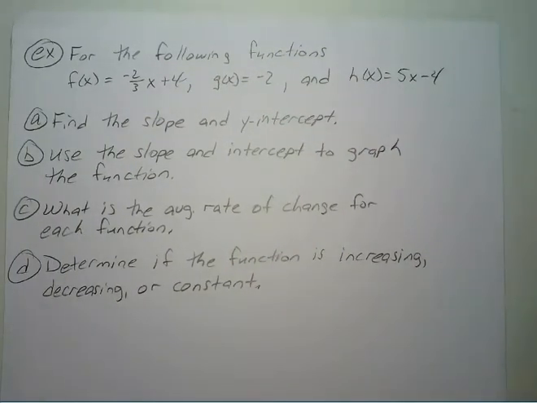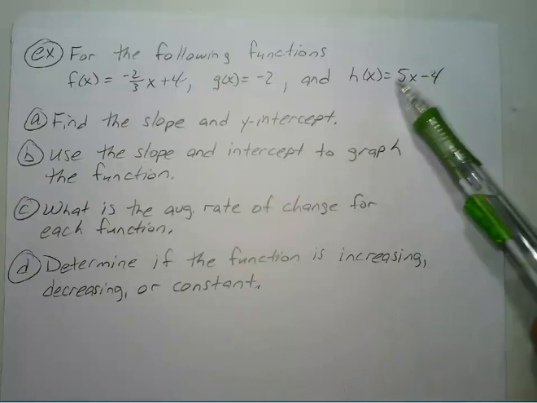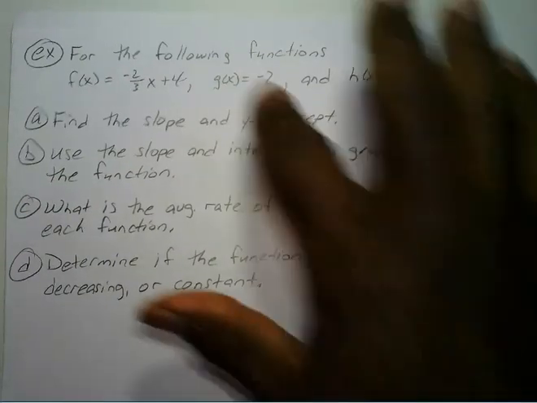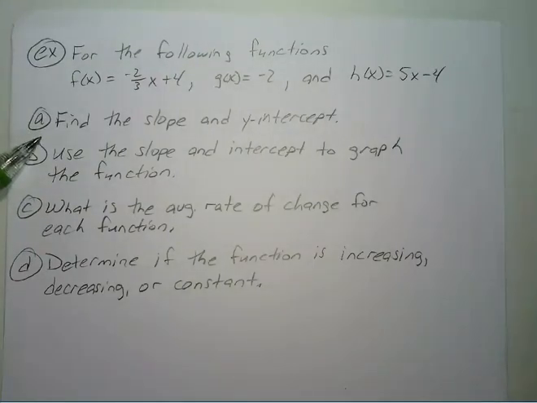Okay. So let's say, for example, you have three functions. You have f of x equals negative 2 over 3 x plus 4. And you have g of x equals negative 2. And h of x equals 5x minus 4. Okay. So let's say for A, we want to find the slope and y-intercept for each of them.